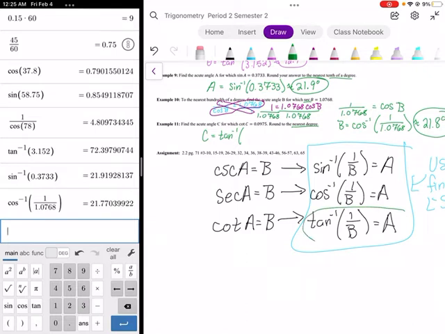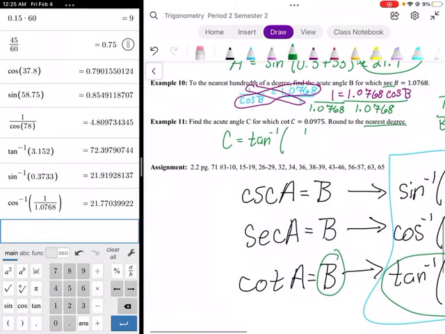And then what's going to go in the parentheses is 1 over what that was equal to. In this case, it'll be 1 over 0.0975. This equation will now tell us what angle C is when we type it into our calculators.